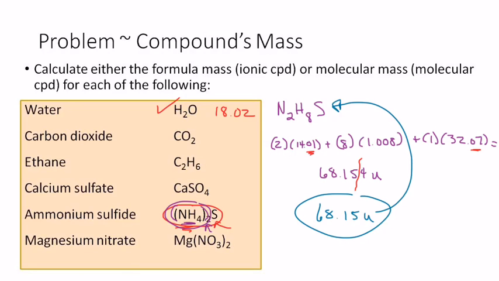Not too bad. Okay, so we just did this one together. Don't worry about magnesium nitrate, but let's write down here what it would be, though we're not going to work it. That would be 1 Mg, nitrogens, how many? Must be 2 nitrogens. How many oxygens? Must be 6.